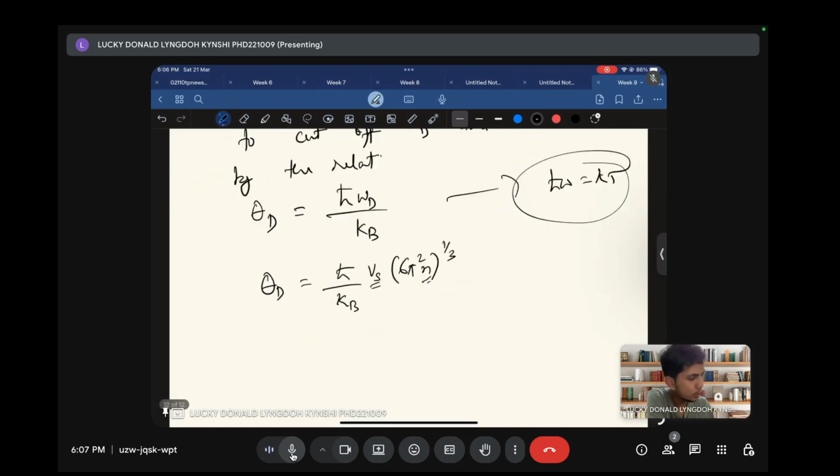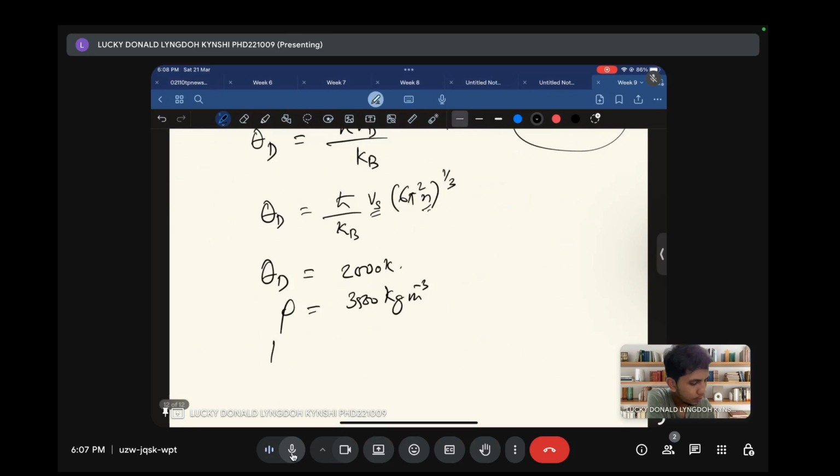Here theta D is given to be 2000 Kelvin. Density is given to be 3500 kg per meter cube, and m, the atomic mass, is given to be 12 AMU, which is 12 into 1.66 into 10 to the power minus 27 kg.